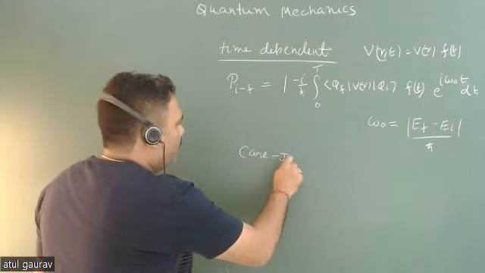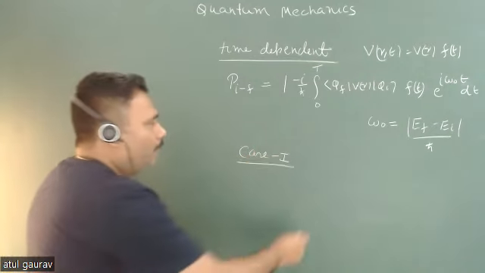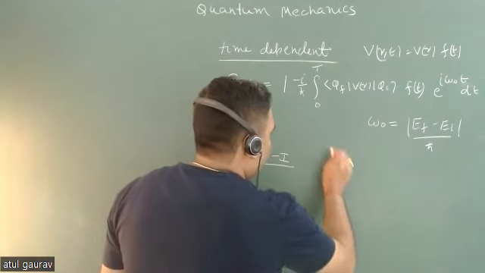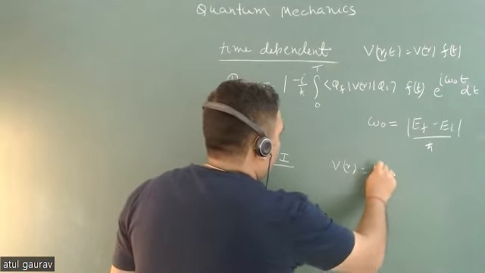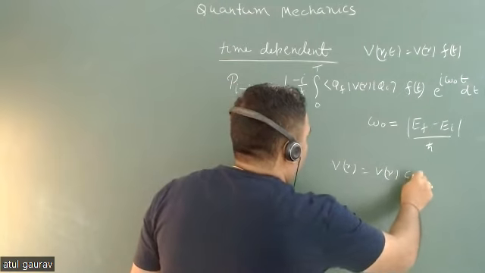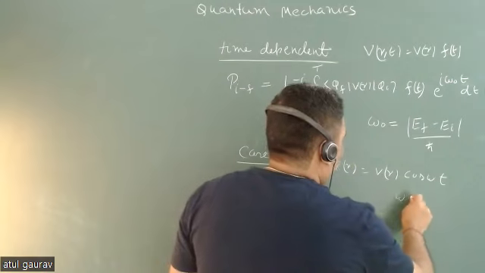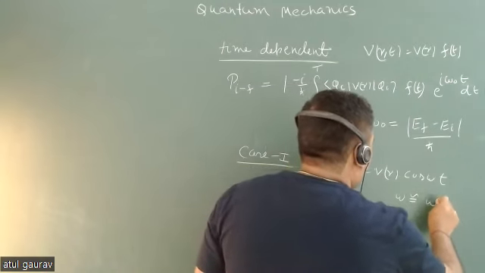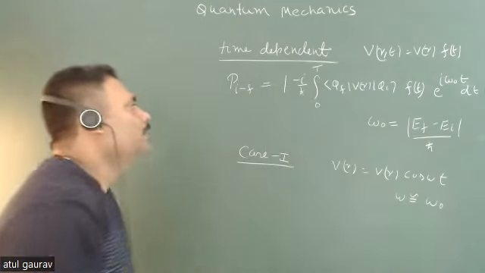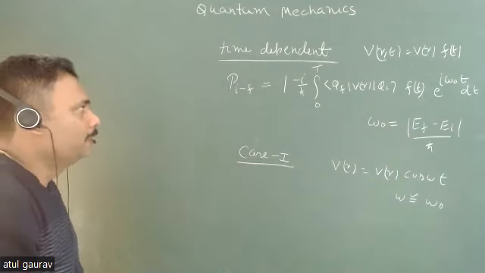What is your case one? When your potential is something like V(r) and a cos or sine type of function, and omega is nearly equal to omega naught, then how is this going to change?